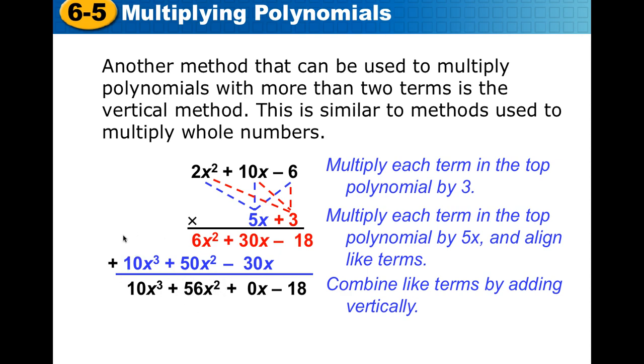And lastly, 10x cubed does not have anything it goes with, so you can just bring it down. Now this does say simplify, but if you were to leave it in this method, I would be okay with that. If you wanted to write 0x, just so that you know that you had everything there, that's okay, and that is acceptable.